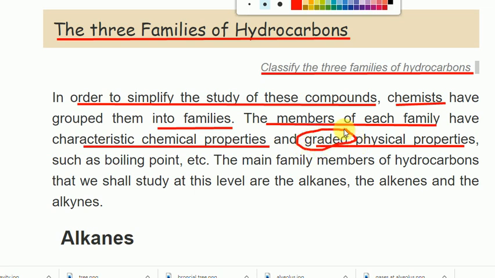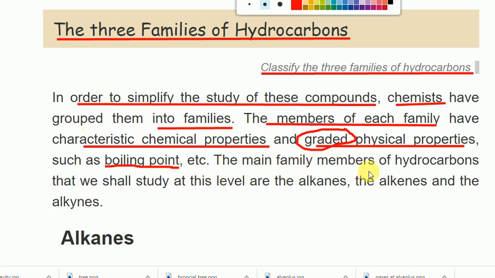That means they increase or decrease. For example, boiling point, melting point or evaporation point all increase or decrease across the family. For example, boiling point is a physical property and it is graded. But for chemical properties, one family contains the same chemical property.